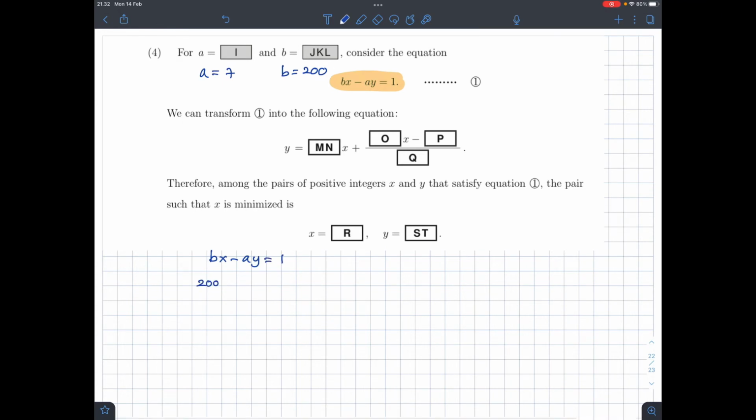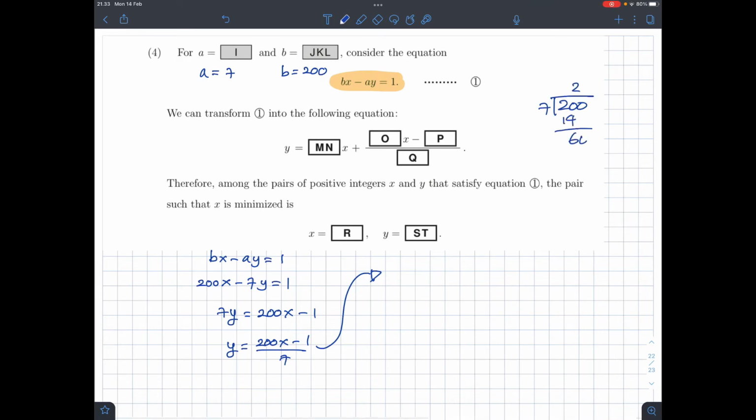This one, we substitute B. I think this is just algebraic manipulation, like this. I move 7y to here and negative 1 to here, and just continue. Y equals something divided by 7, so almost 200 divided by 7.